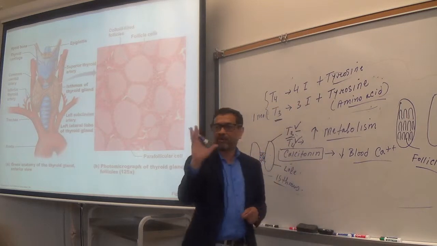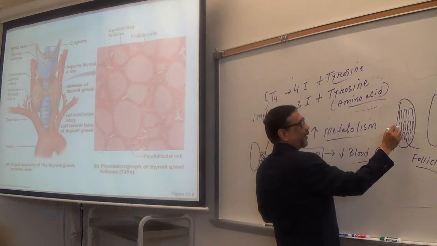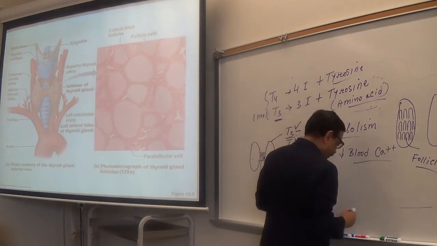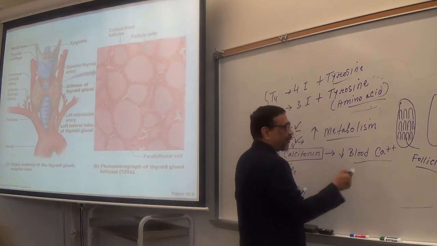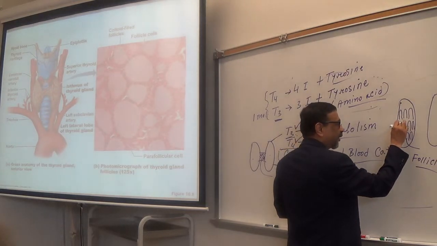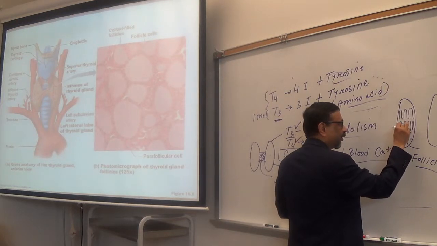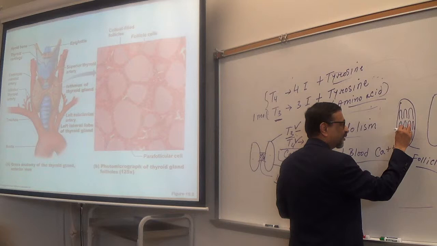So, many follicles are inside the thyroid. And now, in the wall of the follicles, you have the cells. These are called the follicular cells. Makes sense? These are the follicular cells.